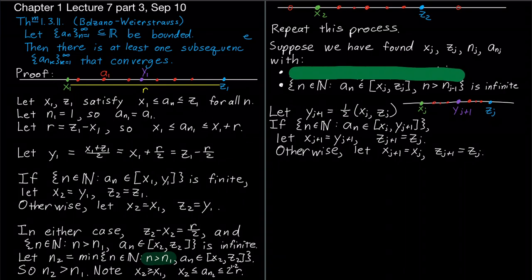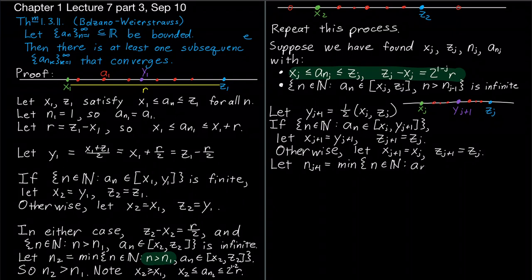this first condition is true for j plus 1, or at least it is if we're going to let n_(j plus 1) be the smallest natural number that puts our a_n in the right place.